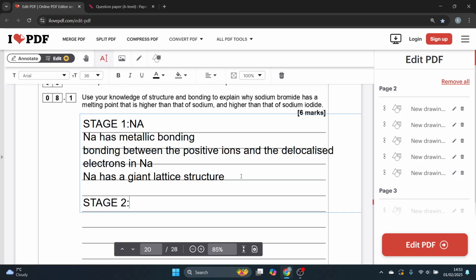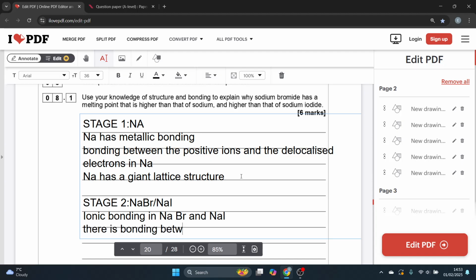Stage 2, NaBr and NaI have ionic bonding. There is bonding between the positive and negative ions in sodium bromide and sodium iodide.